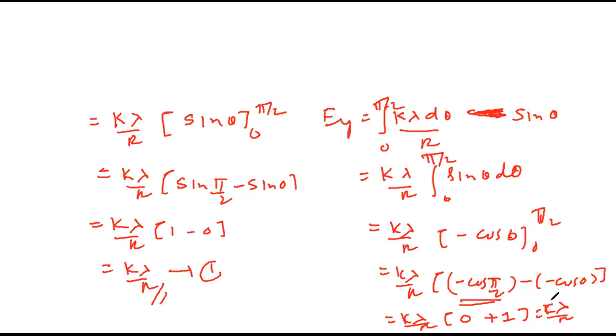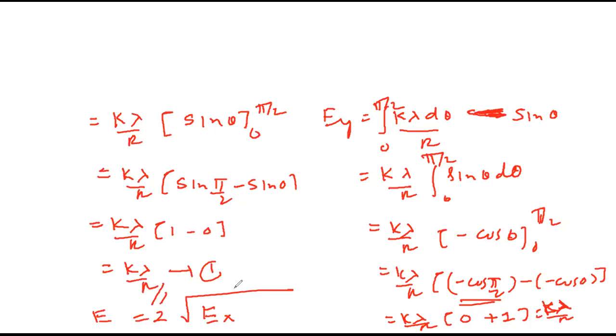So we get Ex, Ey both are equal and perpendicular. So can I say resultant E will become root 2 times Ex, as Ex is same as Ey. When two vectors are perpendicular and equal, then it becomes root 2 times any one vector.